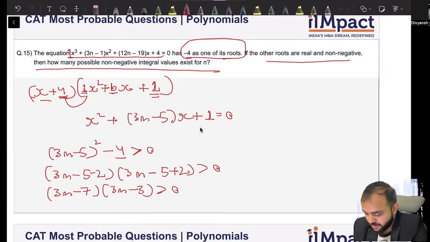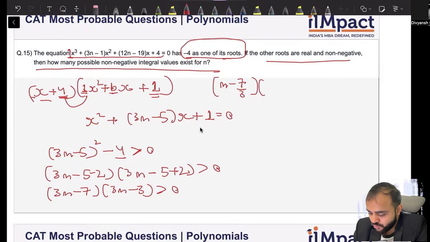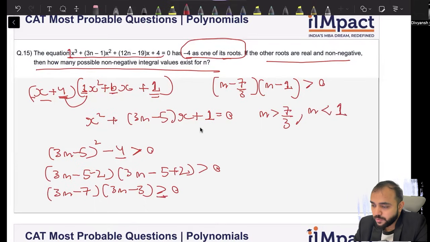So if I further remove the 3's in front of the n's, I'll get (n minus 7 by 3) into (n minus 1) should be greater than or equal to 0, which means n should be either greater than 7 by 3 or less than 1. I think equality would also be allowed because they have not said that the roots need to be distinct. So I can put equality also here. Apart from this, right now I have infinite answers because there are infinite number of non-negative integers greater than 7 by 3.